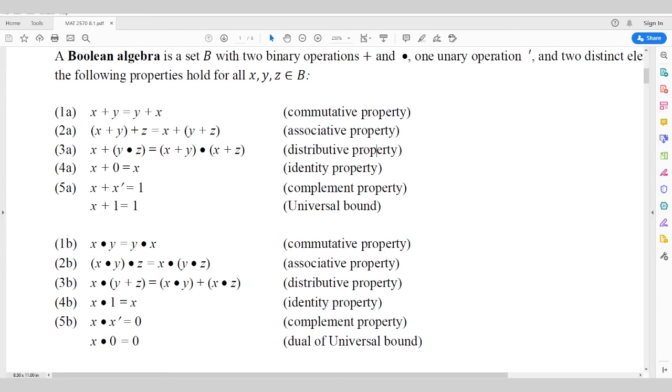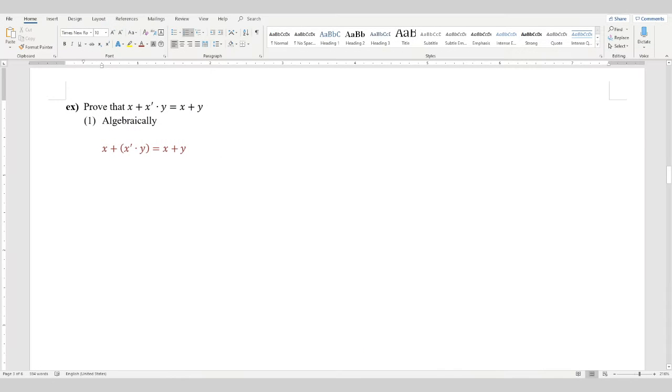If you try this with regular numbers, it's not going to make any sense, but this is one of the unique properties that is true in Boolean algebra. And this is the same form that our problem is in: we have x plus the product of two things.